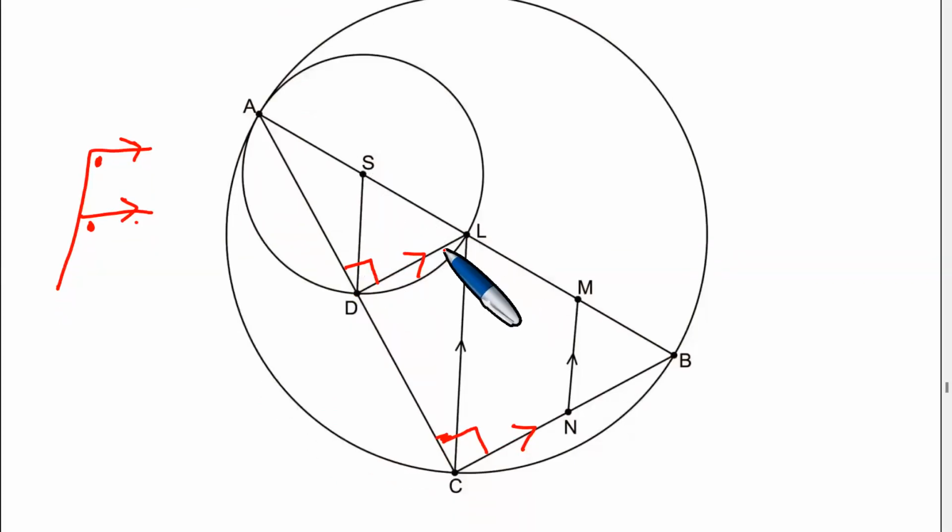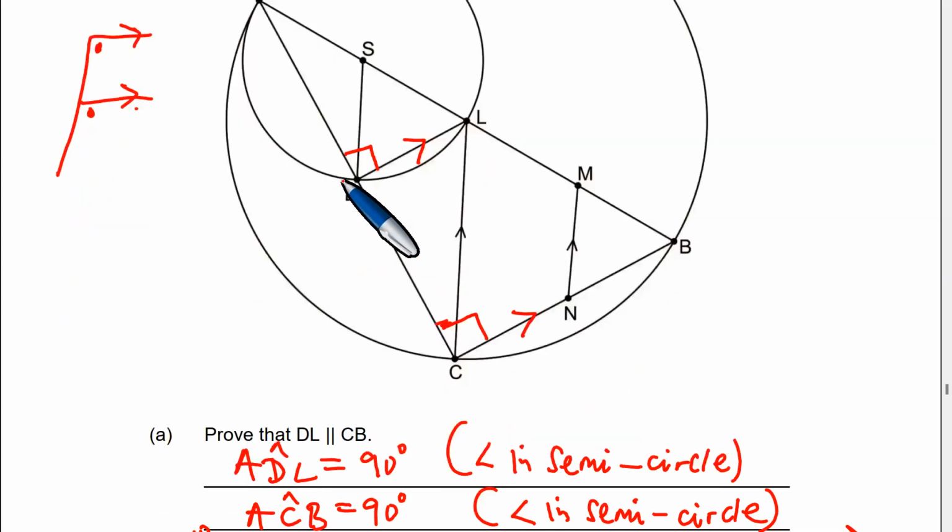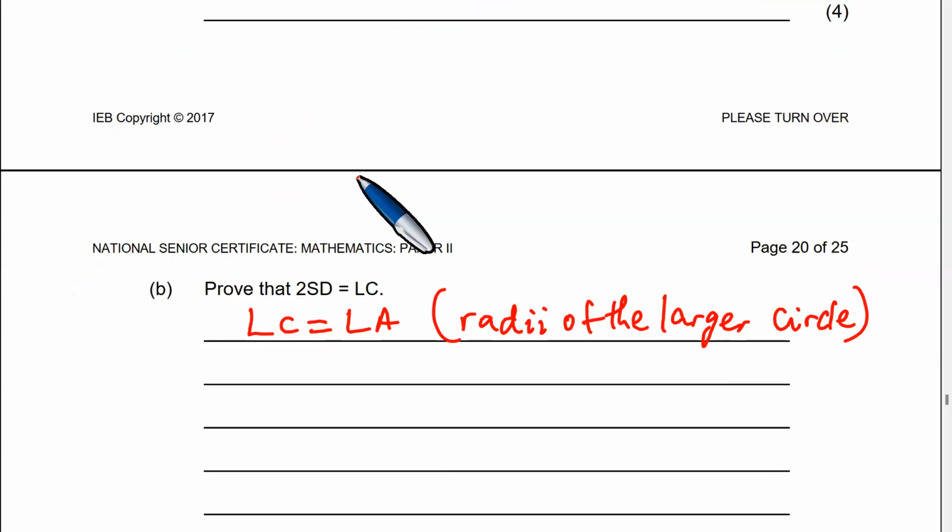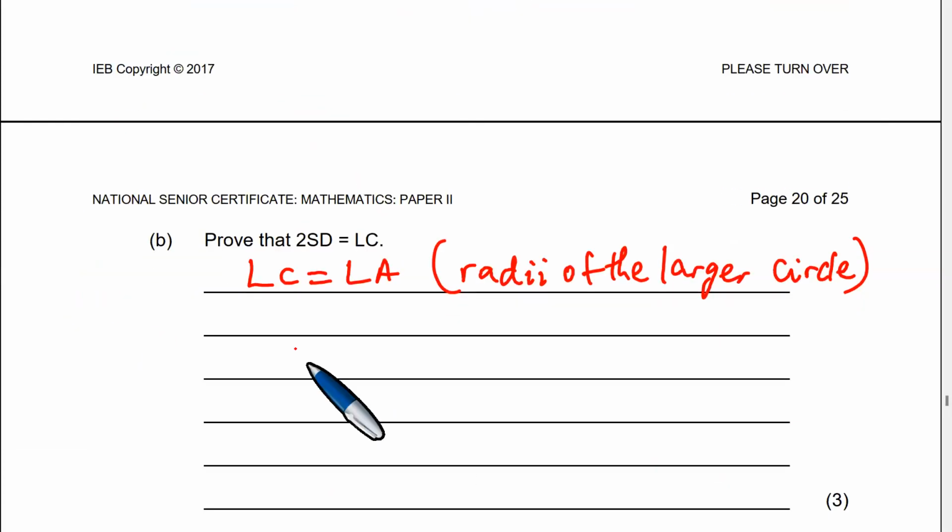So SD is SL, and SD is equal to SL, which is also equal to SA. Every line from the center to the circumference is a radius.